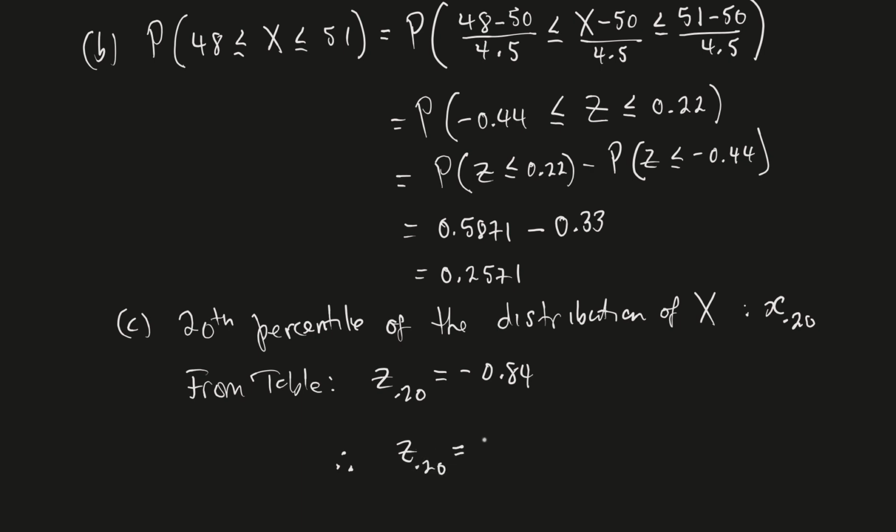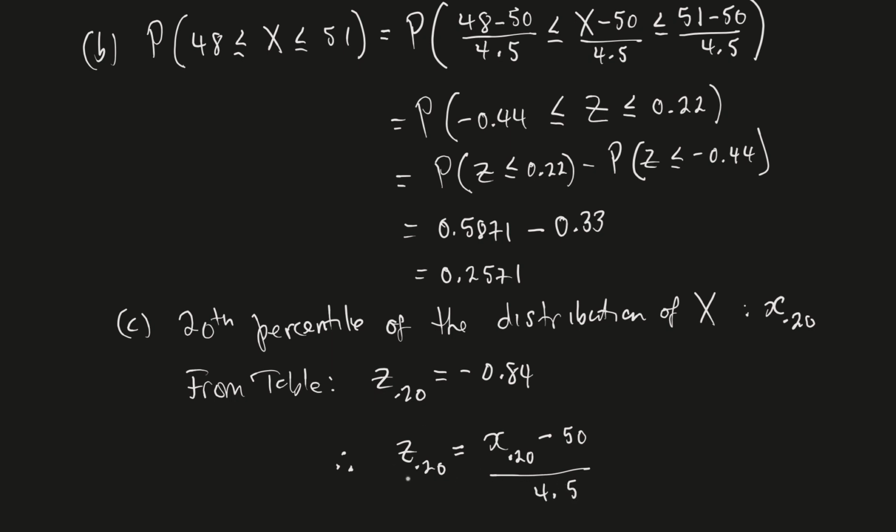This must be true: the 20th percentile of our standard normal distribution, approximately, is equal to the 20th percentile of the x distribution minus its mean, divided by its standard deviation.